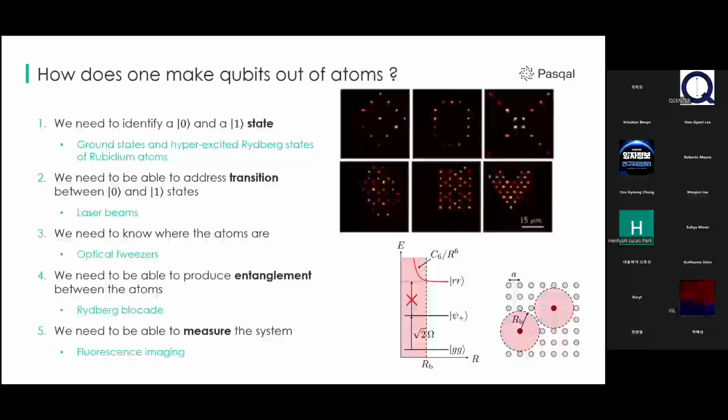We use the ground state, the atom in its fundamental ground state, as the zero reference state, and the one state refers to a specific hyperexcited state called a Rydberg state. A Rydberg state refers to the fact that certain atoms can reach, given sufficient energy, a very high energy state in which the outer electrons can be sent to a very high orbital.